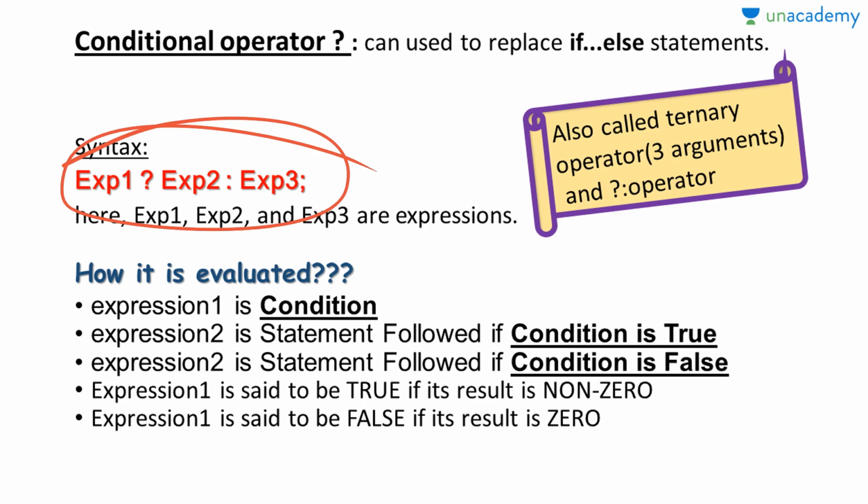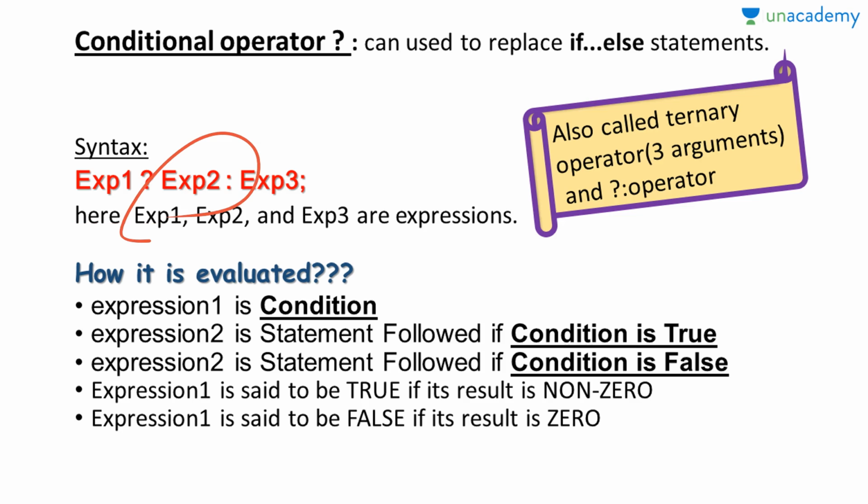How this actually goes is that expression 1 is actually the condition. So we are evaluating the condition. If the condition is true, then expression 2 is executed. But if this condition, that is expression 1, is evaluated as false, then expression 3 is executed.